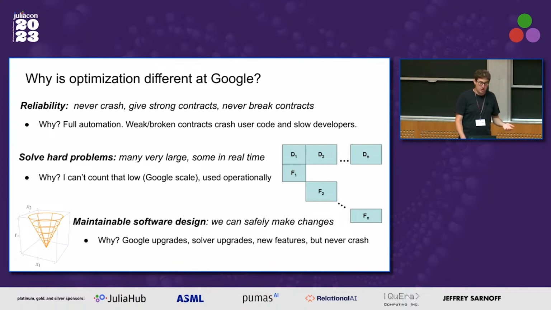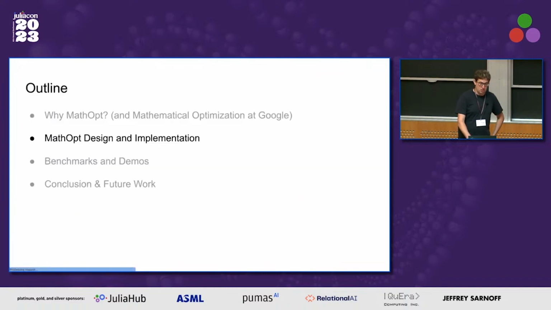So we have to change as well. Users request new features, the solvers need upgrades, and there's no branch. Everyone's building from head. So you have to be green. Everything has to work at every CL. So in this setting you need to know that everything is safe when you make a change.